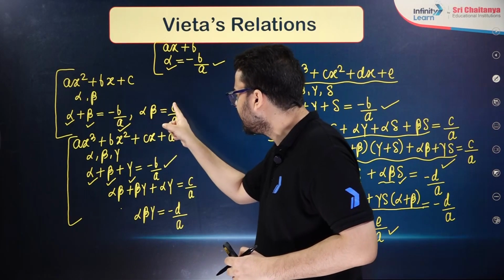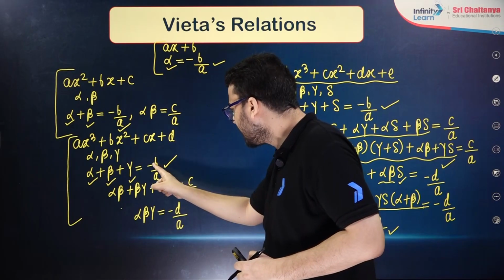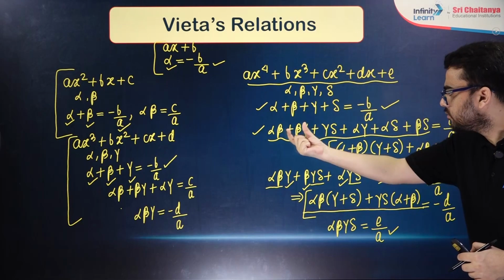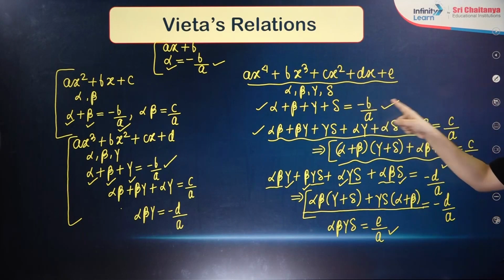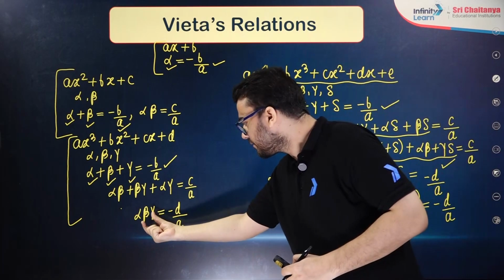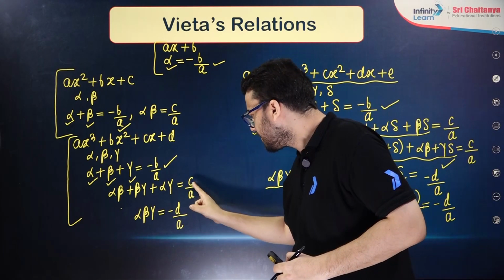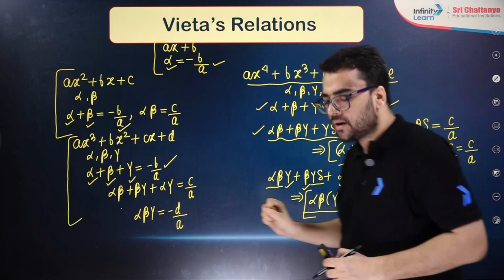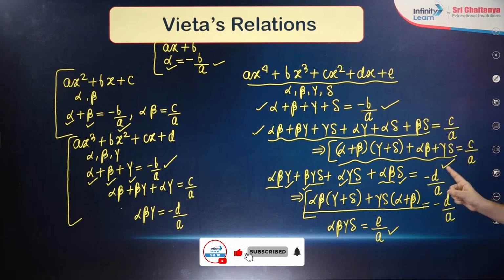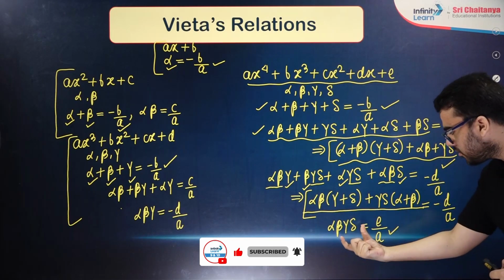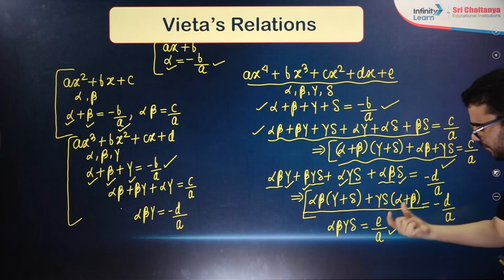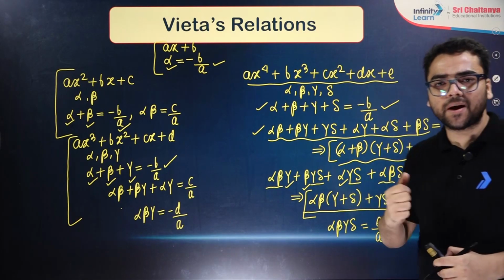From minus b, it is plus c by a, correct? If you take 3 zeros at one time, what is the pattern? From plus c by a, it is minus d by a. And if you take 4 zeros at one time, from minus d by a, it will be plus e by a. That is the complete pattern.